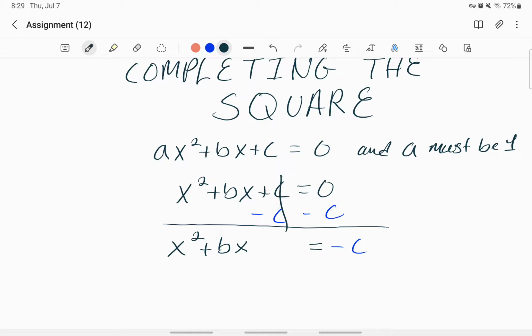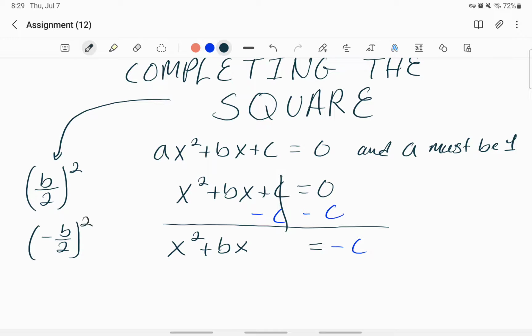And here we go. We're going to use the complete the square formula. The complete the square formula comes in several different versions. Some professors write it as b over 2 squared. Some people write it as negative b over 2 squared.